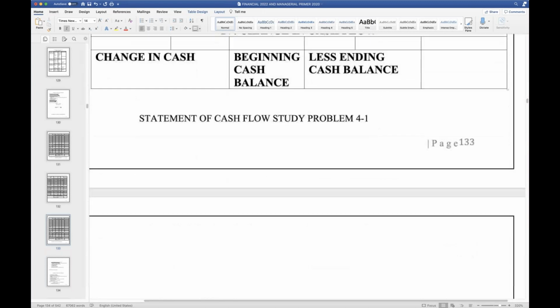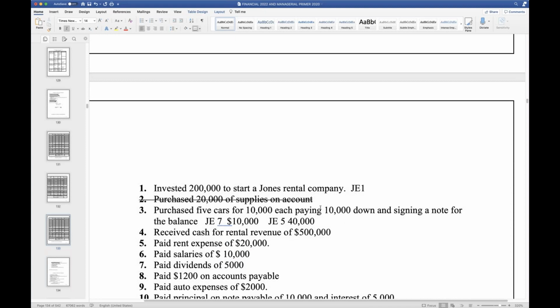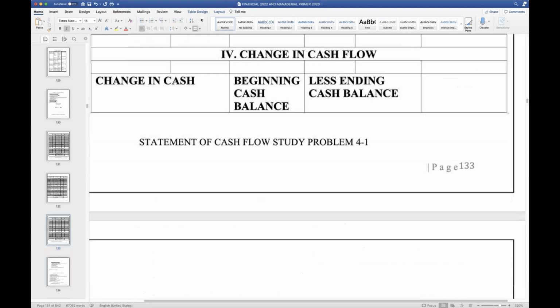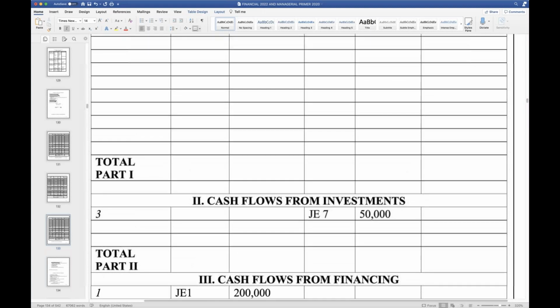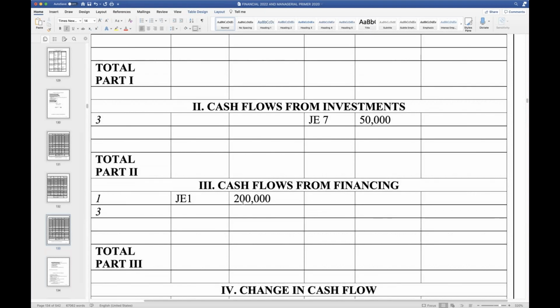It said it in the problem. It said they paid 10,000 down. So in this particular case, just for the statement, we have to look at things differently.